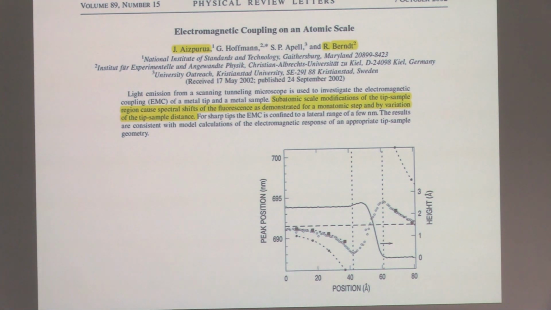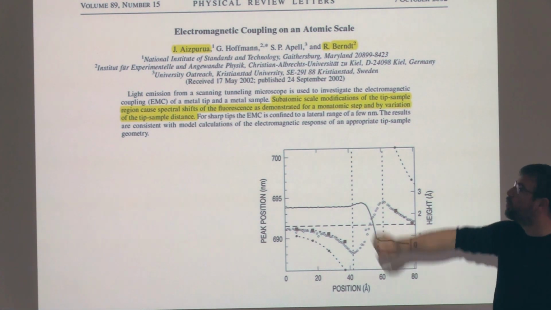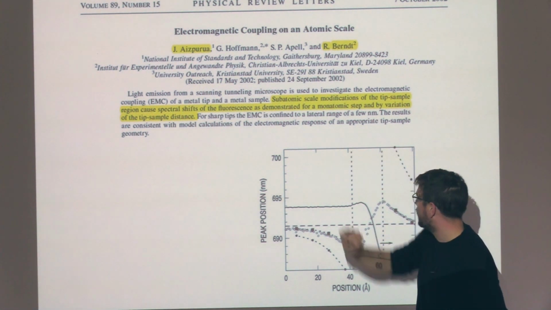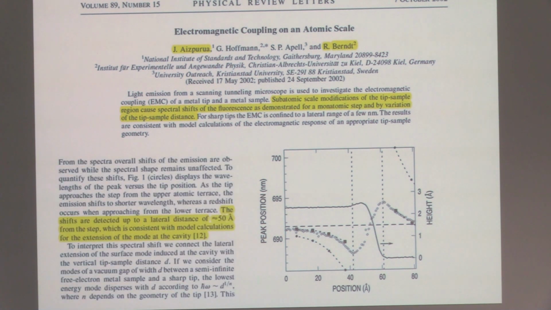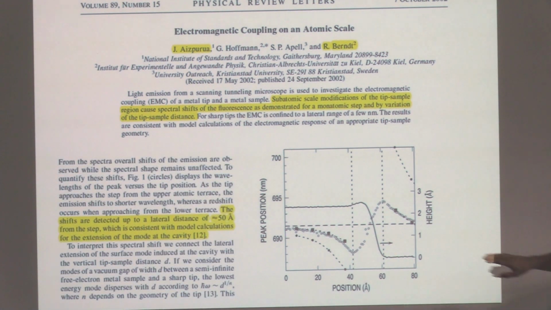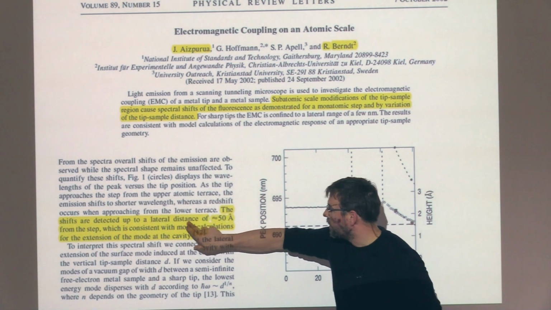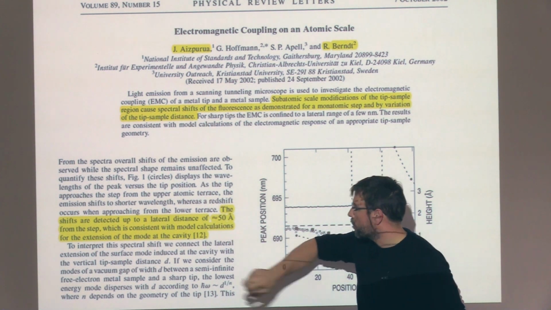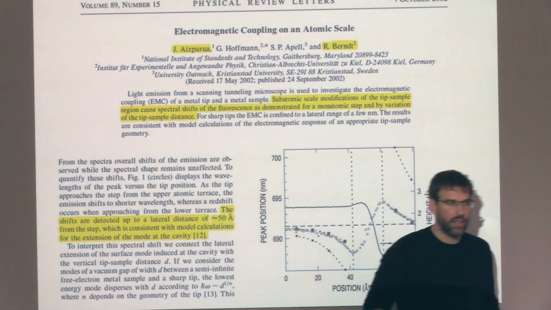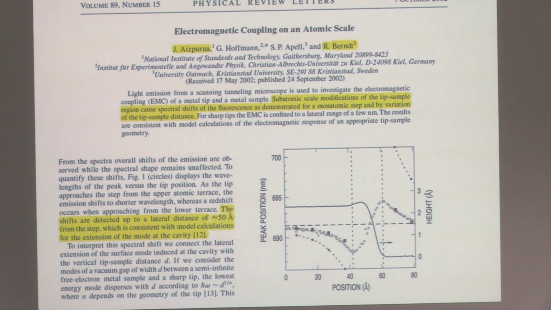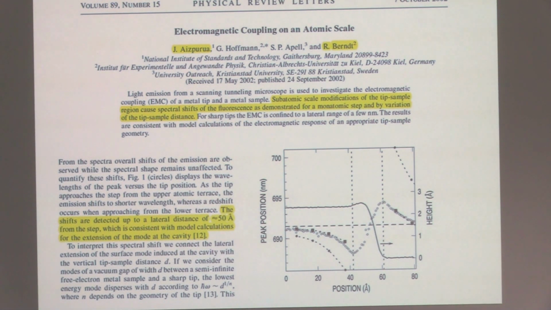Now I come back to this paper that Javier just presented, where he says, already in 2002, we knew that there was some subatomic scale resolution. Actually, if you read the paper in detail, what you find is this: the shifts are detected up to a lateral distance of 50 angstrom from the step, which is consistent with the model calculation for the extension of the mode at the cavity. At that time, people believed the spatial extension of the plasmon was about 5 nanometers, not better.